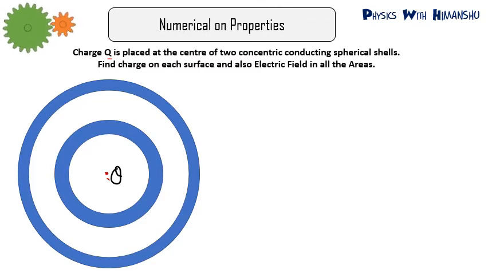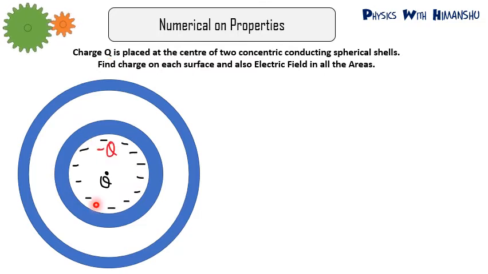spherical shell. Since both the shells are conductors, here we can use charging by induction. So this charge will attract the negative charge on the inner side of the smaller shell.